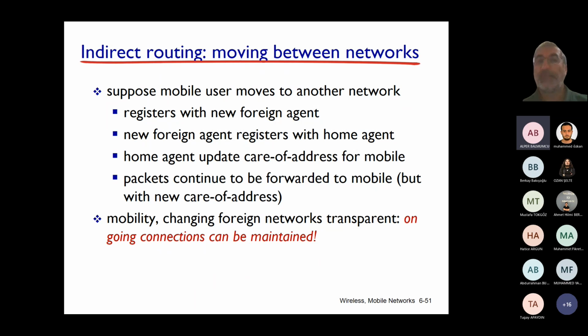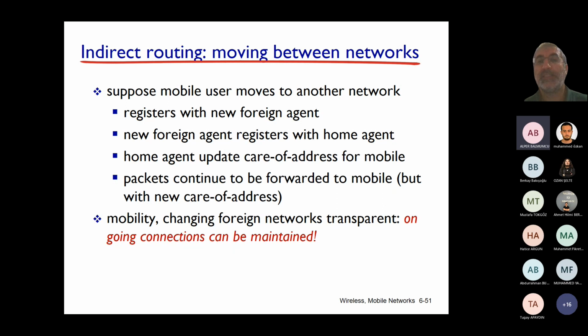Okay, so you're at school now, you are going to go to the library with your friend, so you move to another network. What's going to happen? Suppose that you are moving from one visited network to another visited network. We follow the same steps.